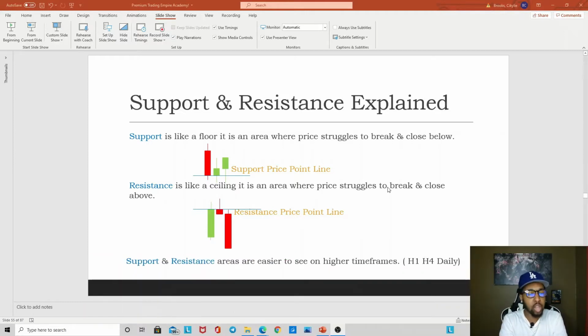They happen on the 30-minute and 15-minute time frames as well, but they get violated so much because it's a smaller time frame. You're going to see smaller movements and smaller support and resistance levels. So I recommend looking at it on the daily, 4-hour, or the 1-hour.